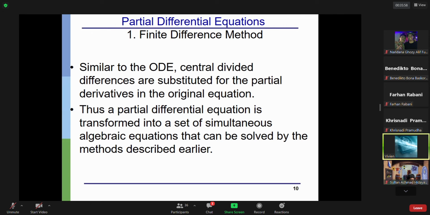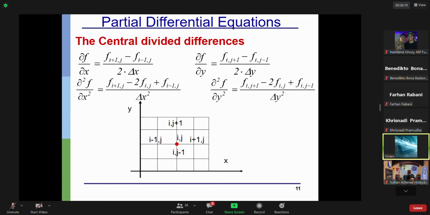We will use the central divided difference, which is substituted for the partial derivatives in the original equations. So the partial differential equation will be transformed into a set of linear algebra equations. When we have the matrix constructed, we can solve it with an iterative method or the LU decomposition method and so on. Okay, so we will look at it again here in the central divided difference.